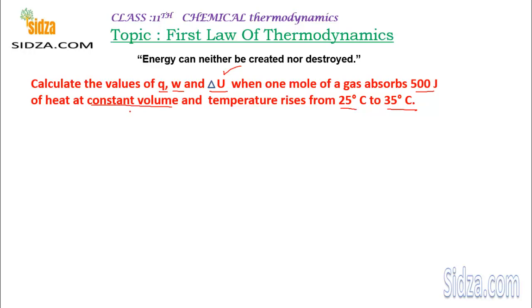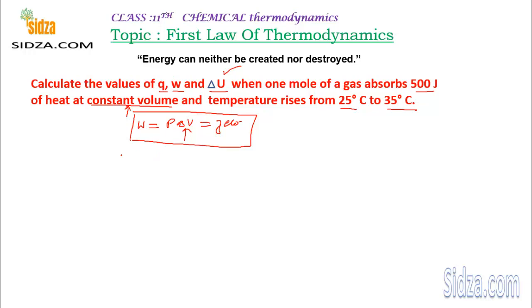The system absorbs a heat of 500 kilojoules at constant volume, which means that the work, which is equal to P delta V, will be 0. Why will it be 0? Because the change in volume is 0; the system absorbs the heat at a constant volume.